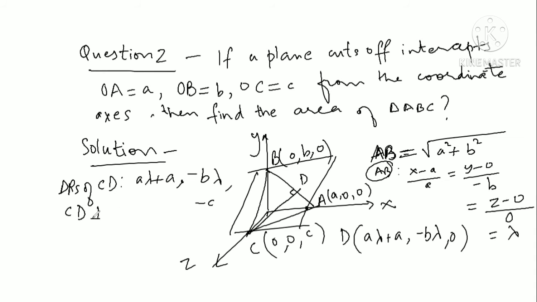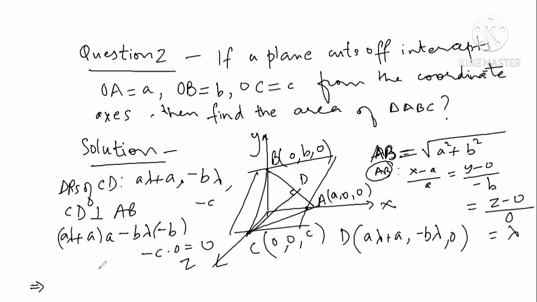Now CD is perpendicular to AB. So we can write A1 A2 plus B1 B2 plus C1 C2 is equal to 0. So a lambda plus a into a, then minus b lambda into minus b, and then minus c, and here the third direction ratio is 0, so minus c into 0 is equal to 0.